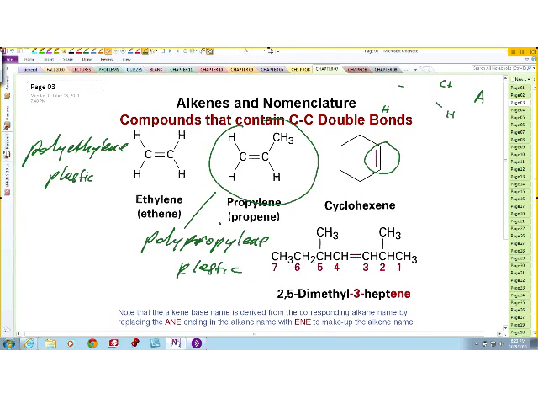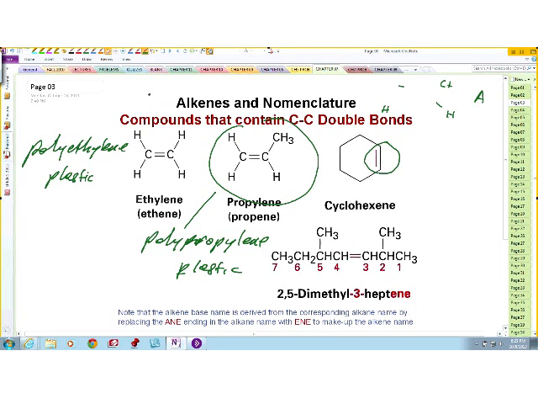And a variety of other organic molecules are made from these two molecules. And both of them, of course, are derived from petrochemicals, from your crude oil. Okay? So these are very important industrial materials indeed.